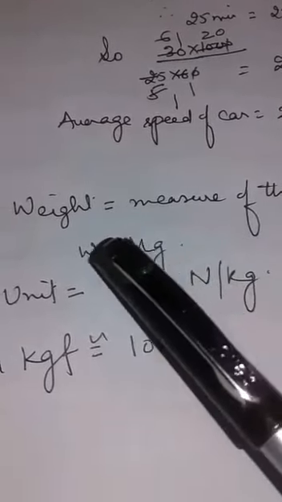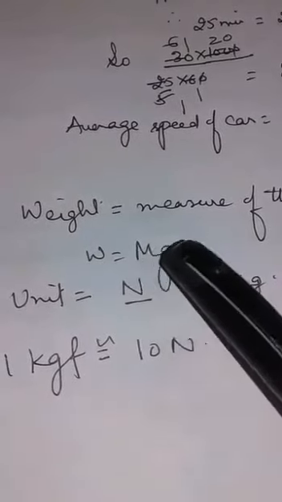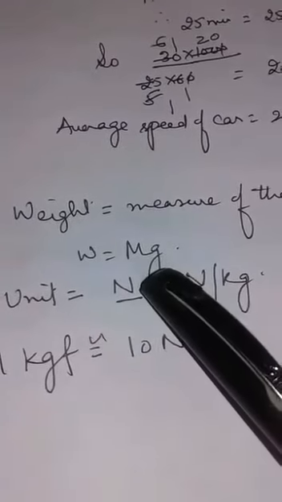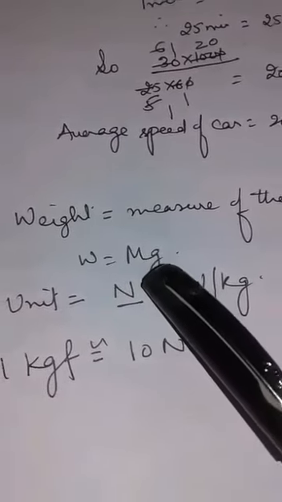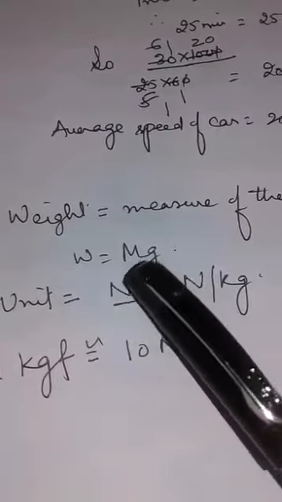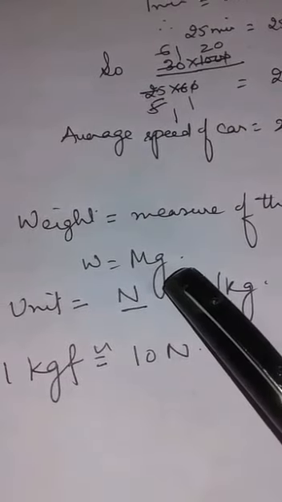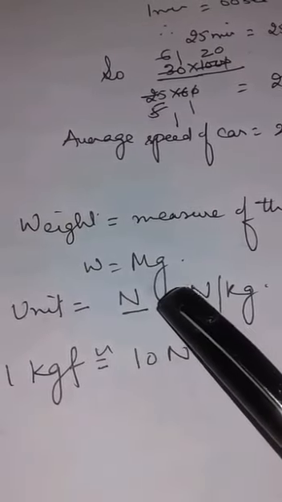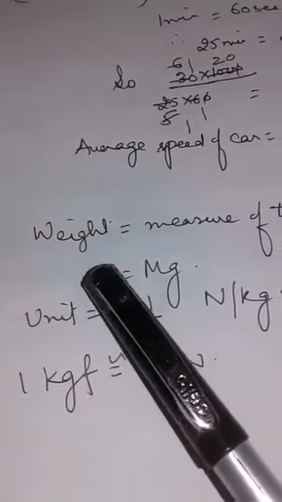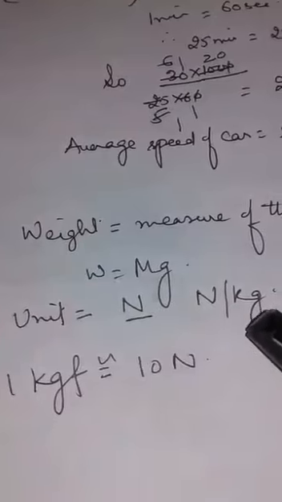Weight of an object is given by W is equal to mg, where m is the mass of the object, measured in kg, and g is the acceleration due to gravity, which is measured in Newton per kg.